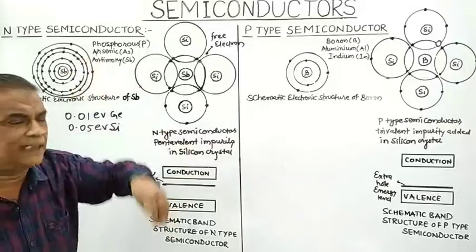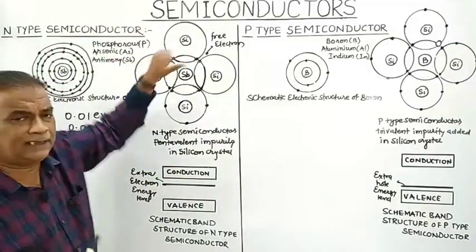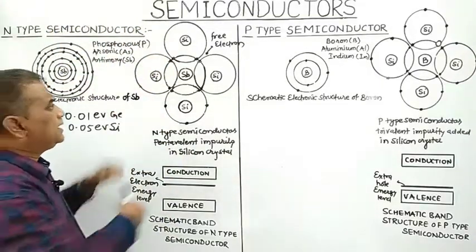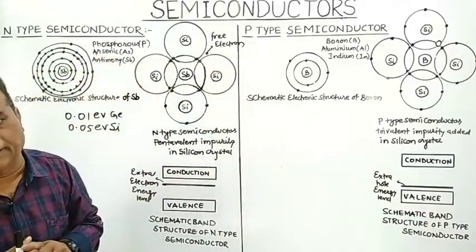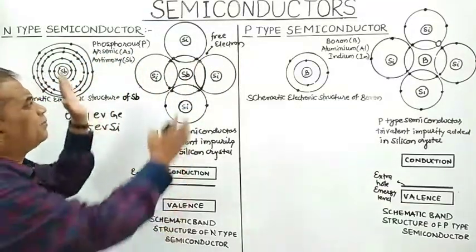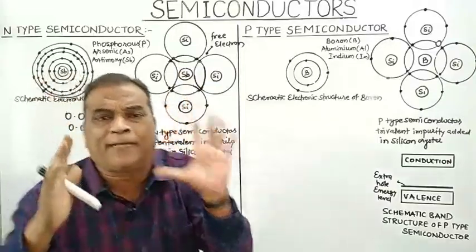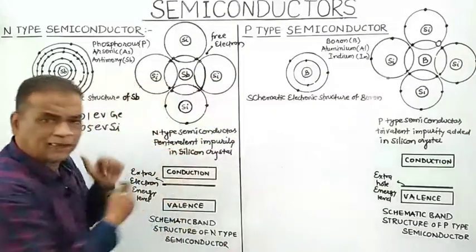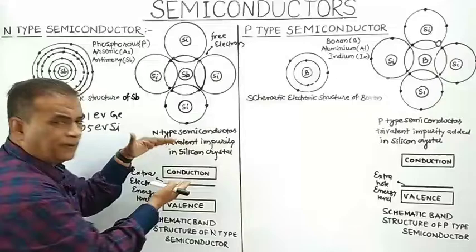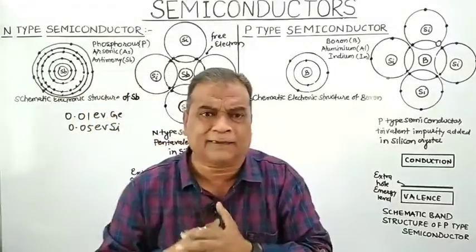Remember, in case a silicon crystal is doped with a pentavalent impurity, when a few atoms of a pentavalent element are added as an impurity to a semiconductor like silicon, then in that doped semiconductor, a large number of free electrons are made available in the conduction band, and they are available for conduction of electricity.